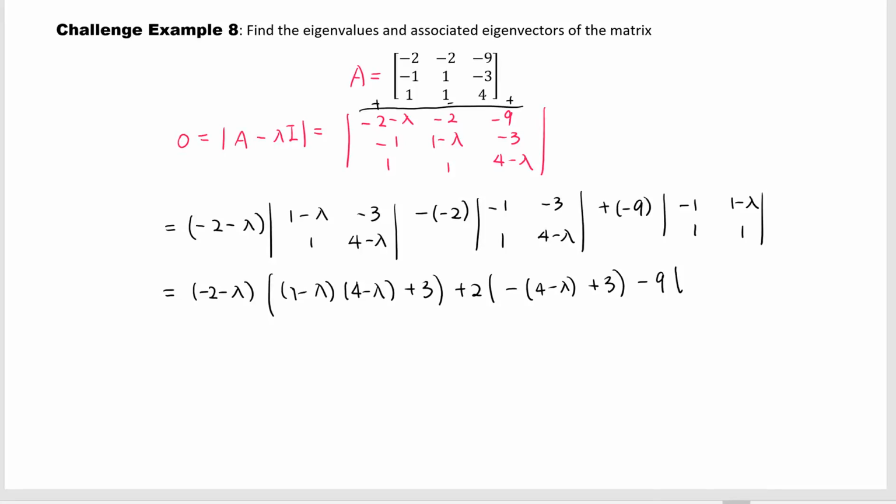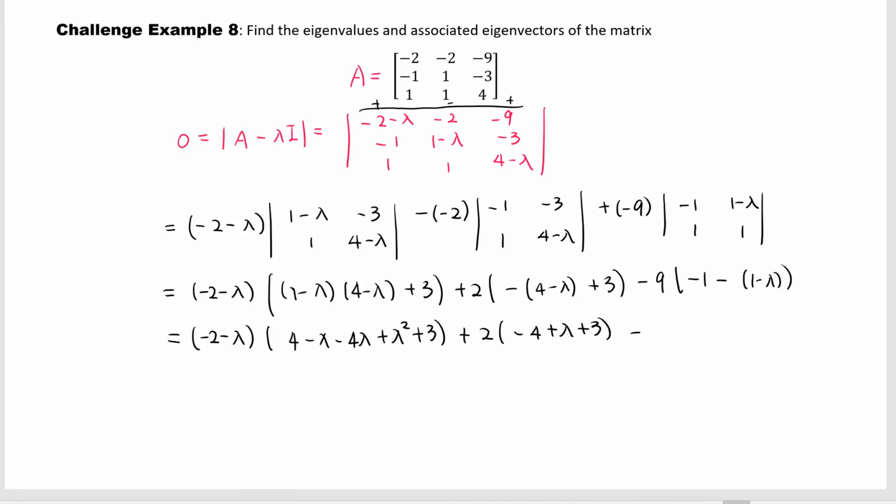Minus 9, and then we have minus 1 times 1 minus 1, minus 1 minus lambda. Okay, minus 2 minus lambda. And what's this guy? So 4 minus lambda minus 4 lambda plus lambda squared plus 3. Here is minus 4 plus lambda plus 3. Here is minus 1 plus lambda.